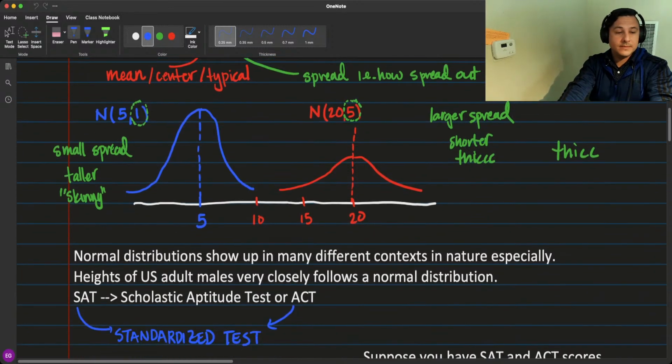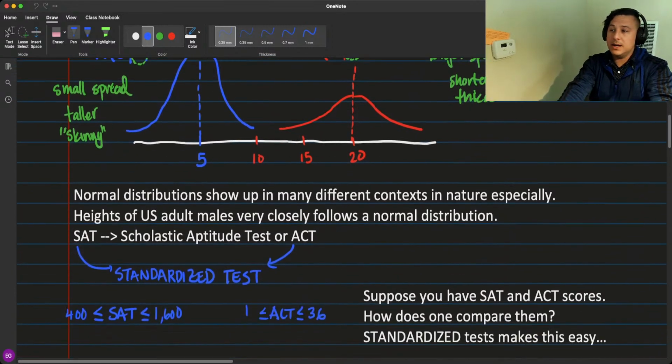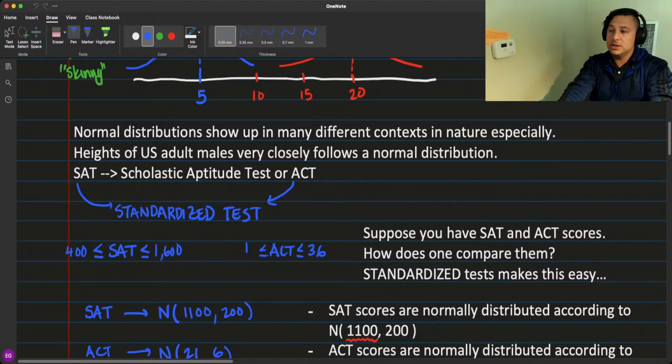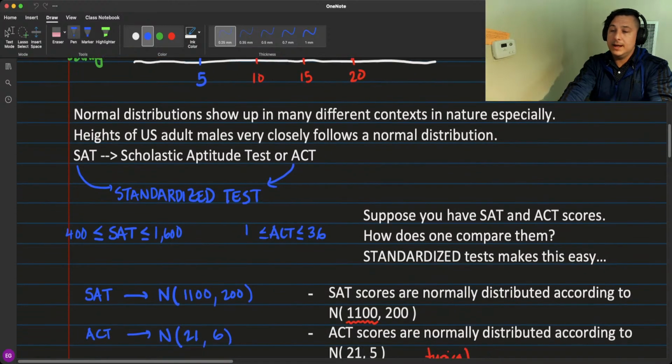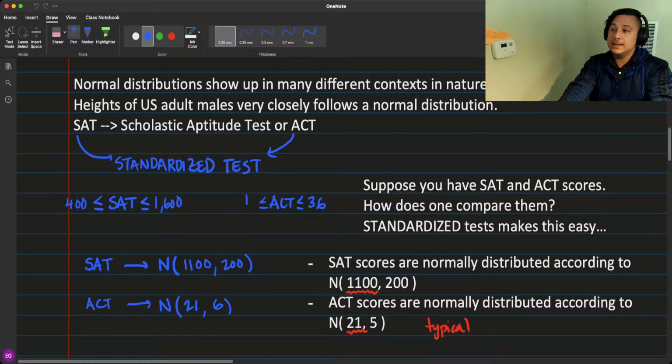Then we had a discussion about where normal distributions show up. We talked about the fact that standardized test scores follow a normal distribution, and the whole point of using standardized distributions is that it allows you to make comparisons between different distributions.